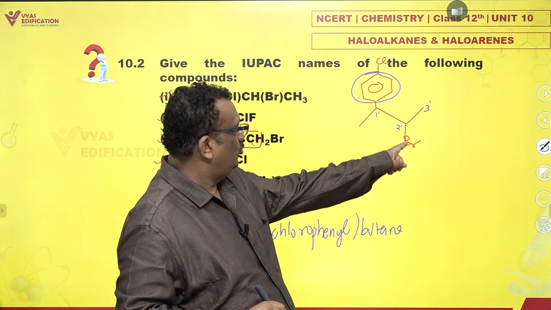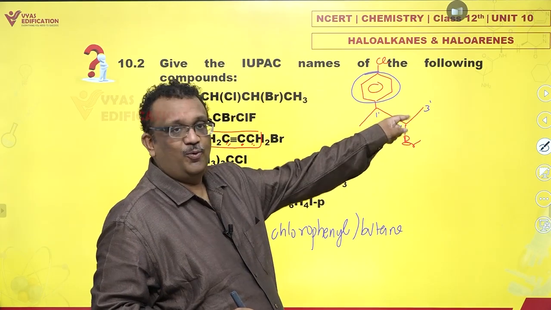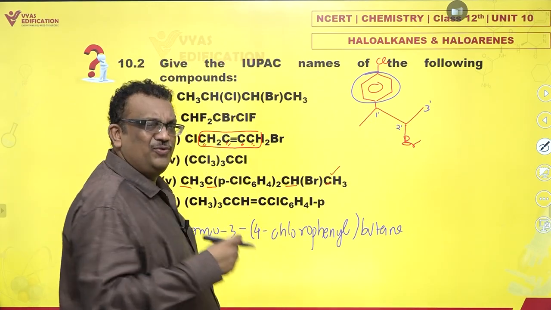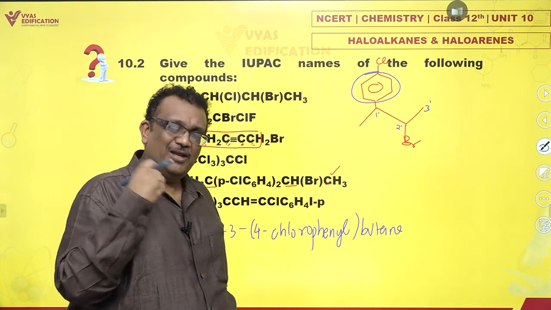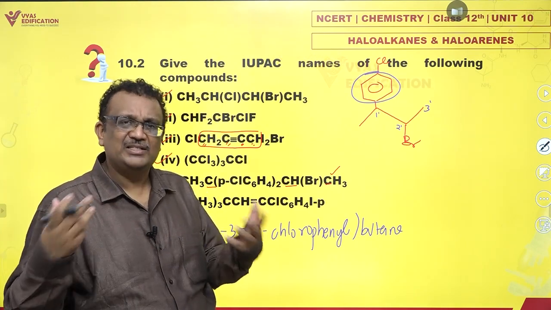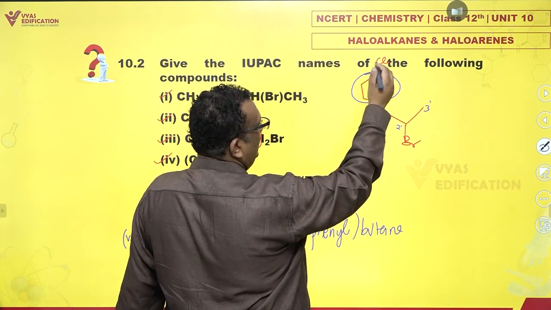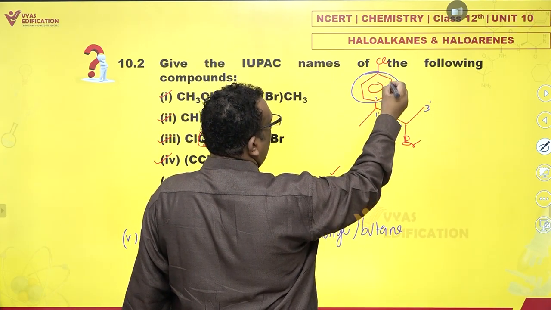So it's 2-bromo 1-methyl propyl, something like that. A more complicated name. Just for the sake of practice, let us name it like this and then we'll discover whether it's correct or not. So if benzene is the parent chain, 1, 2, 3, 4.